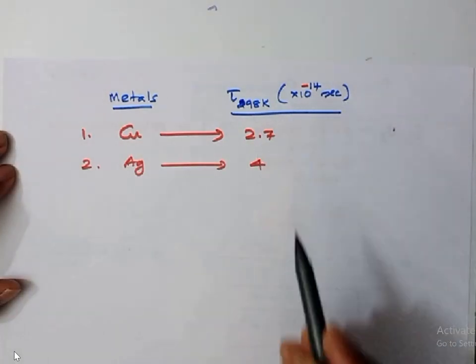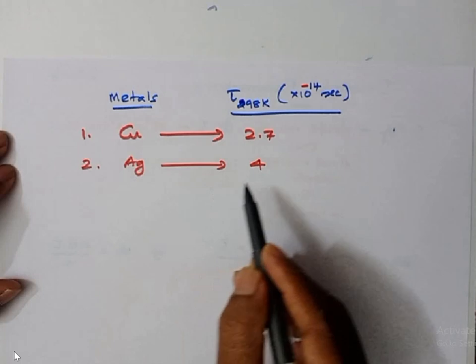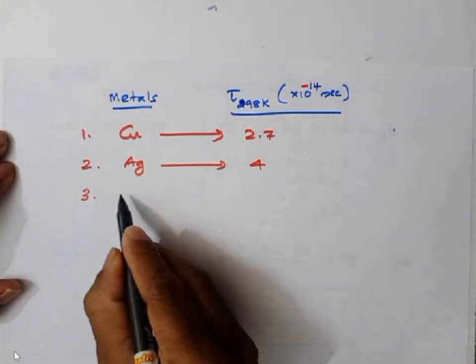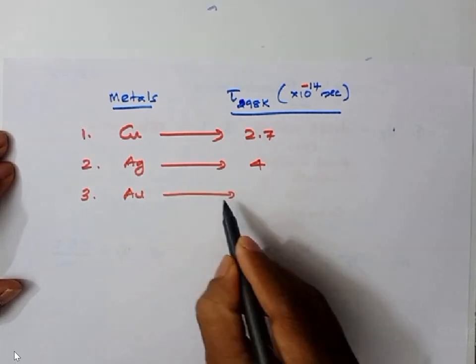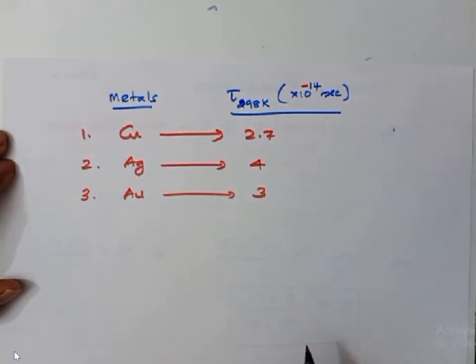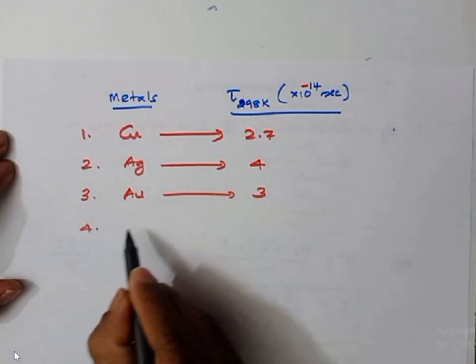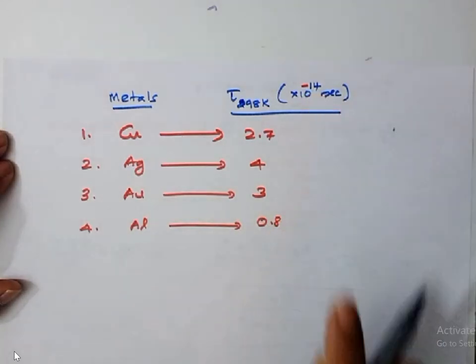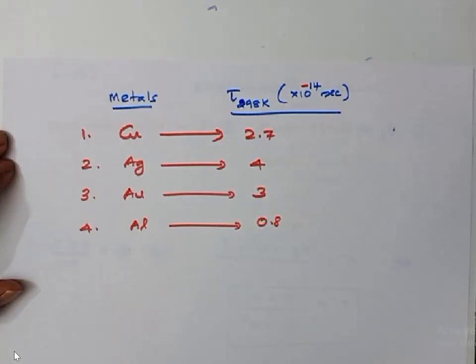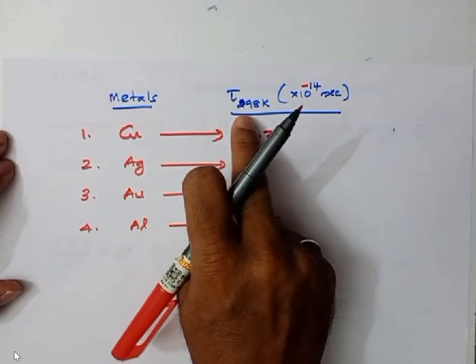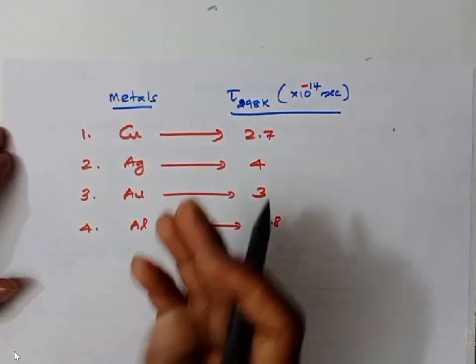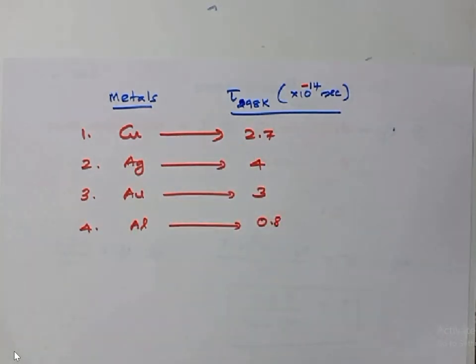So 2.7 into 10 power minus 14 for copper, for silver it is 4 into 10 power minus 14, for gold the value is 3 into 10 power minus 14, and for aluminium the reported value is 0.8 into 10 power minus 14 at 290 Kelvin. Remember, relaxation time depends on temperature. Clear? So here I have given the values of tau for a few metals.